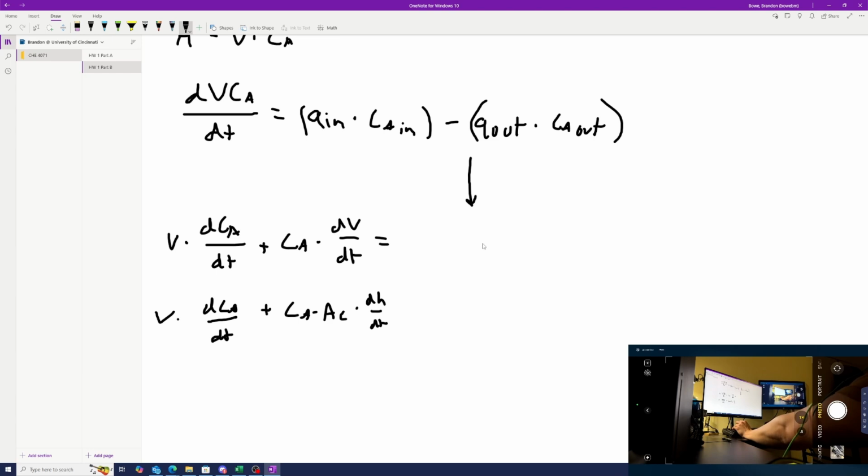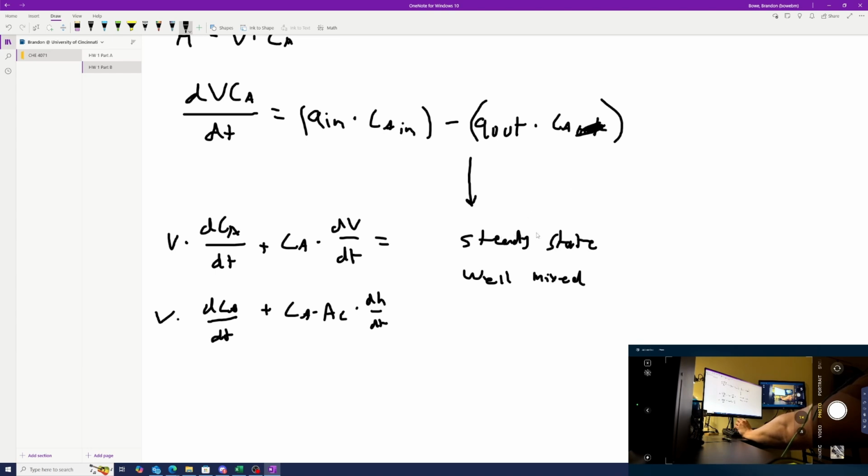And now we're going to use some of our steady state assumptions: steady state, and the fact that this CSTR is well mixed. Because the CSTR is well mixed, we can assume that our concentration out is equal to the concentration of the tank.